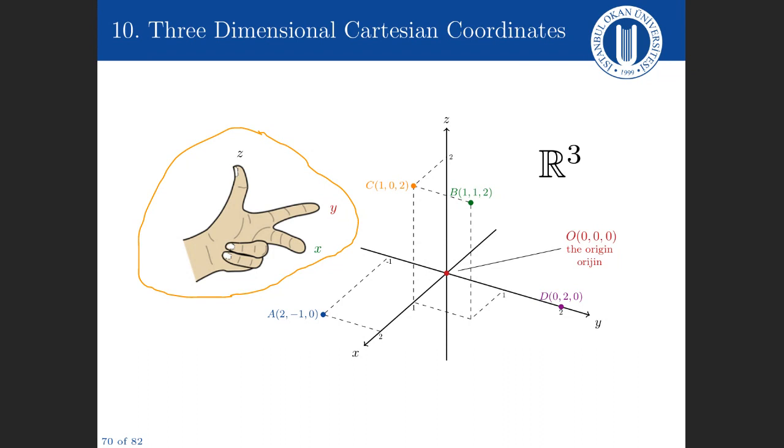Using your left hand, we count from the bottom, x coordinate on the second finger, y coordinate on the first finger, and z on your thumb. Anytime we draw axes in three-dimensional space, we use our left hand to understand that the x-axis is pointing this way, y-axis is pointing this way, and then z-axis is pointing upwards.